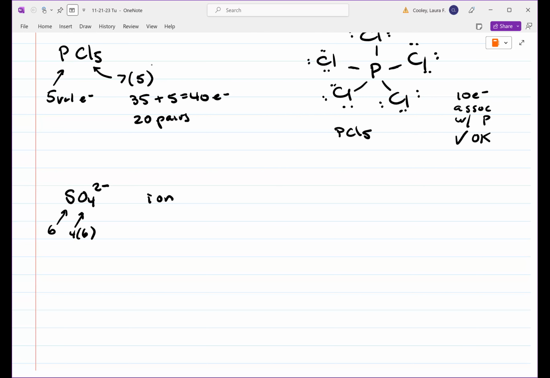S and O are both in group 6. So we have 4 times 6, 24, another 6 is 30, plus 2 for the 2 minus here. So that's 32 electrons or 16 pairs. So you do this, sulfur. We did this the other day, actually. 4 single bonds.